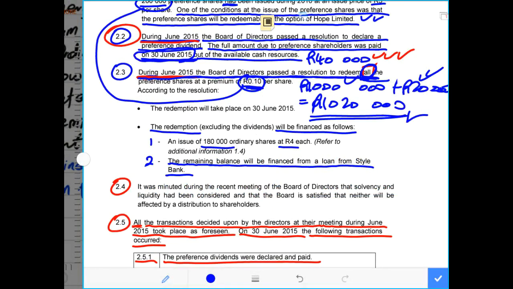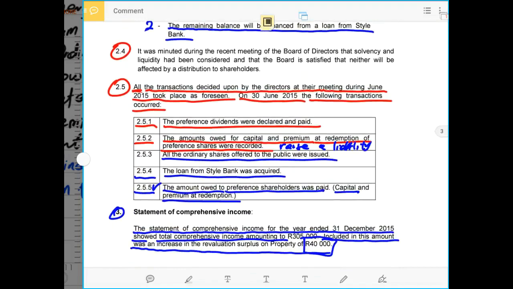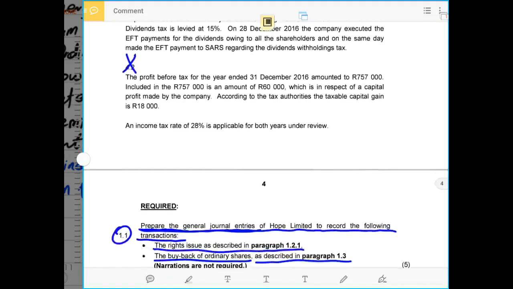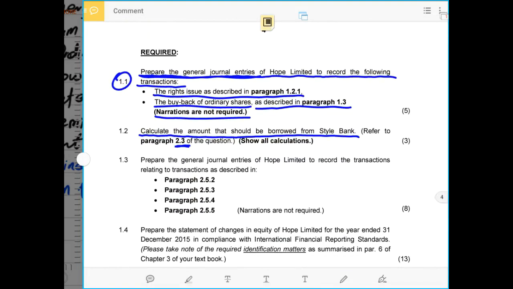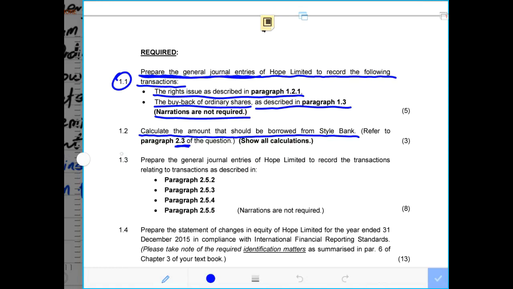Then we go to the next requirement, which is 1.3. We are required to prepare the general entries of Hope Limited to record the transactions as described in 2.5.2, 2.5.3, 2.5.4, and 2.5.5.